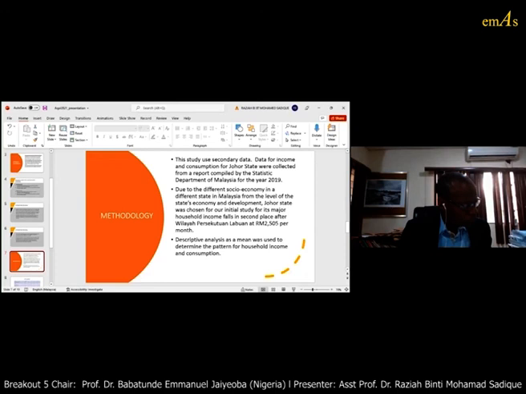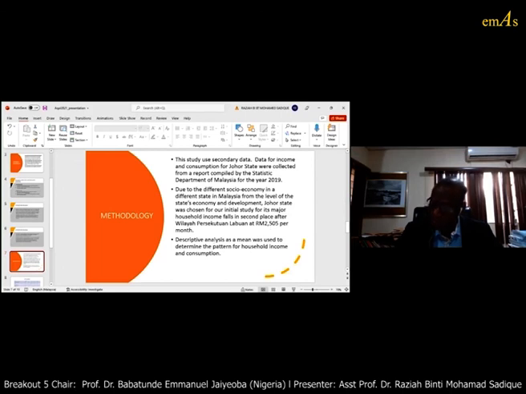Due to the different socioeconomic conditions in different states of Malaysia, we are going to analyze each state, but now we start off with Johor first because it falls in second place after Wilayah Persekutuan Labuan.